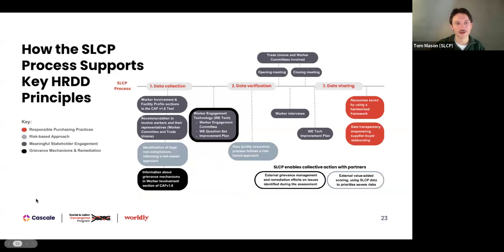And with this, we know legislation is super complicated, and we know that there are a lot of different principles that get thrown around, but that we need to keep in mind when conducting due diligence. So here, what we've tried to do is really simplify a couple of the key principles that we see, particularly in the Corporate Sustainability Due Diligence Directive, but are also very much embedded in the existing international frameworks, the UN Guiding Principles and the OECD guidelines.